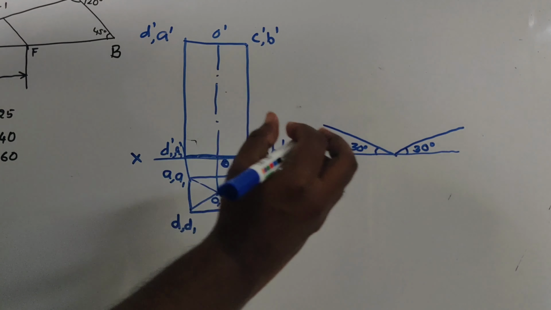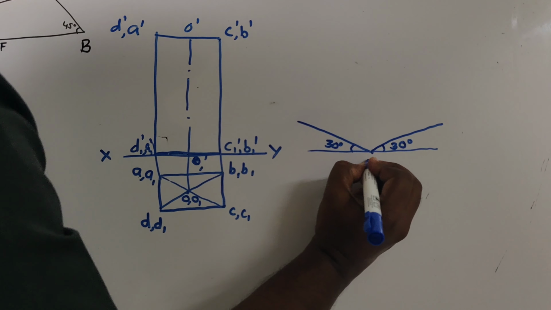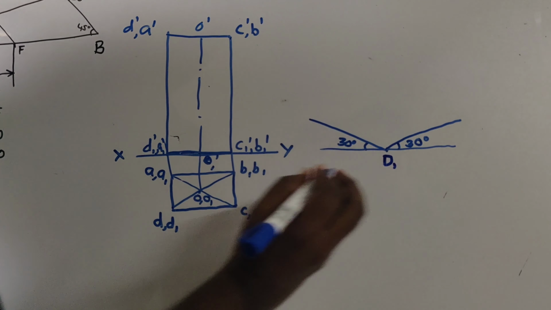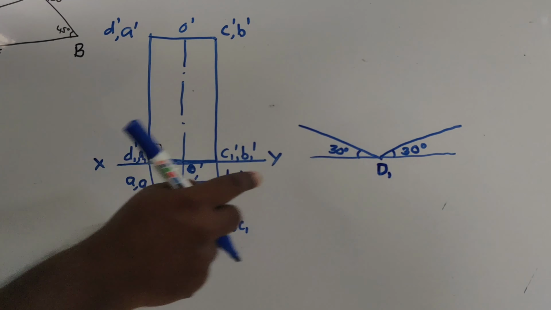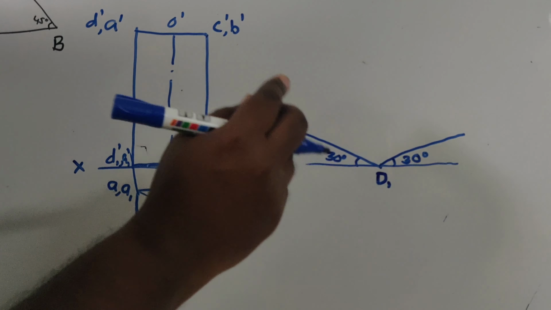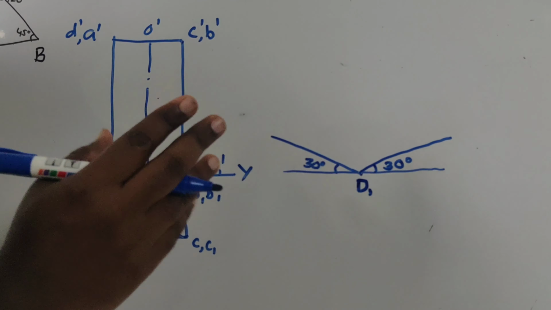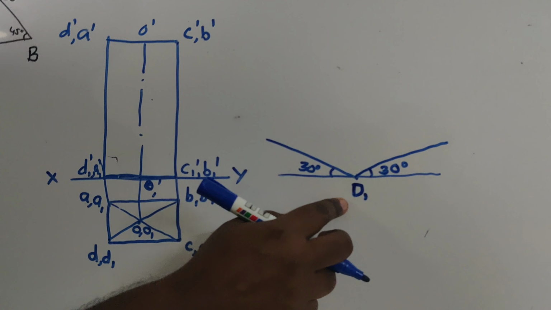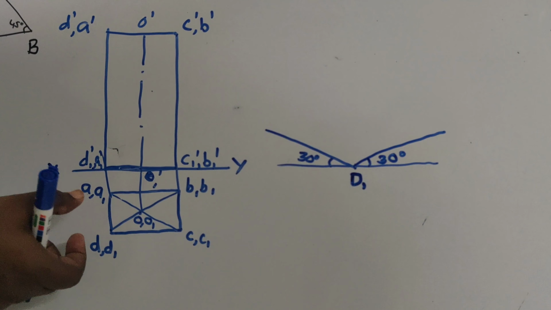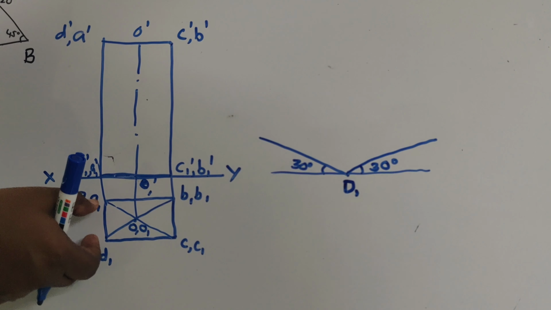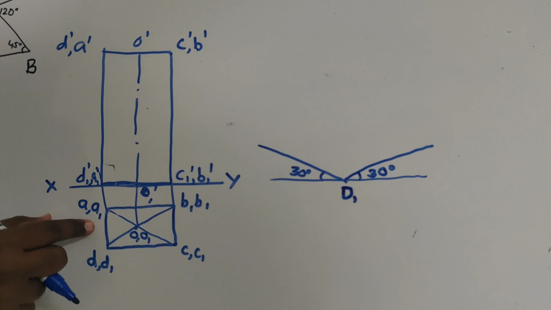I am marking this corner as point D1 because D1 is at the bottom edge. You can fix it as D1, A1, B1, C1, whatever you like, but I am marking this as D1. Now D1 to A1, the distance is 25.